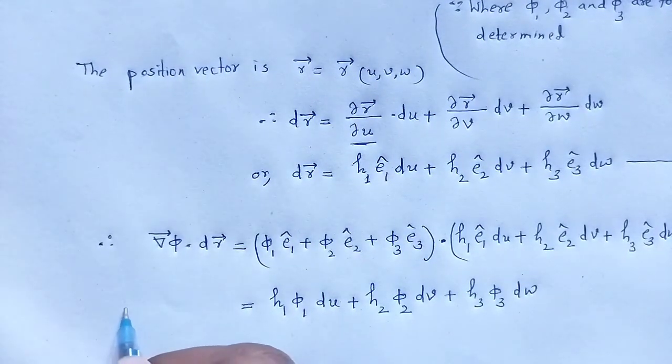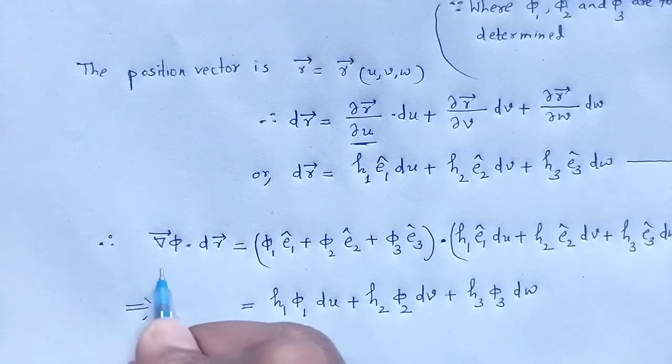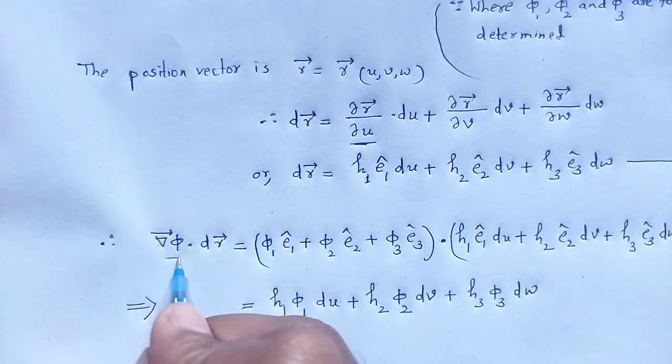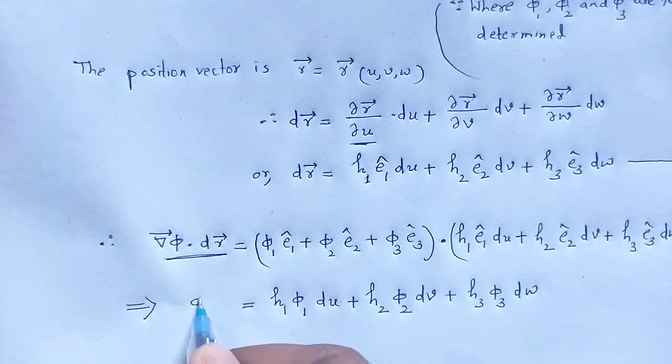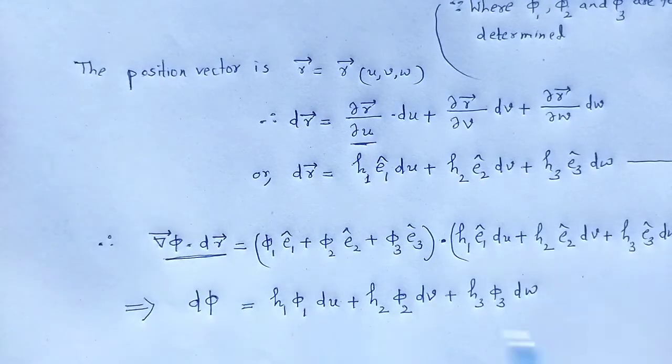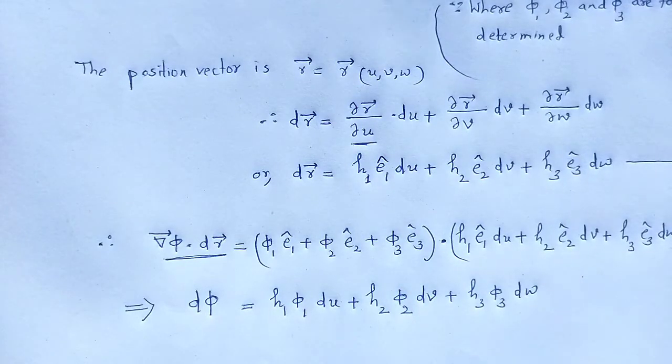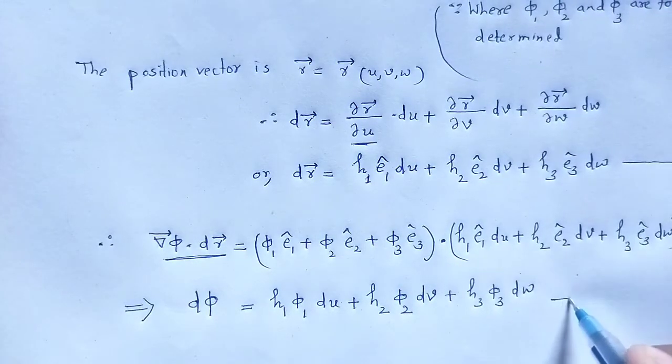And grad phi dot dr, the result will be d phi. It will be equation number 3.